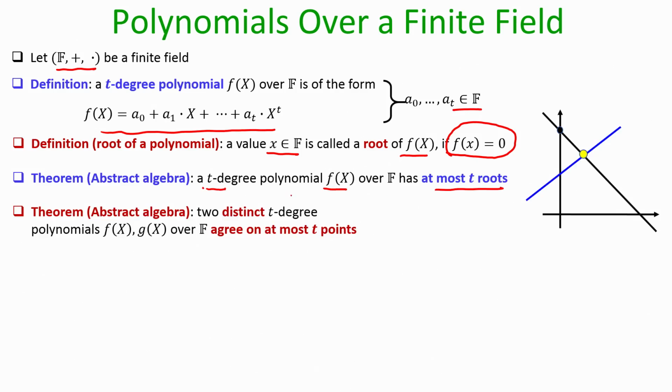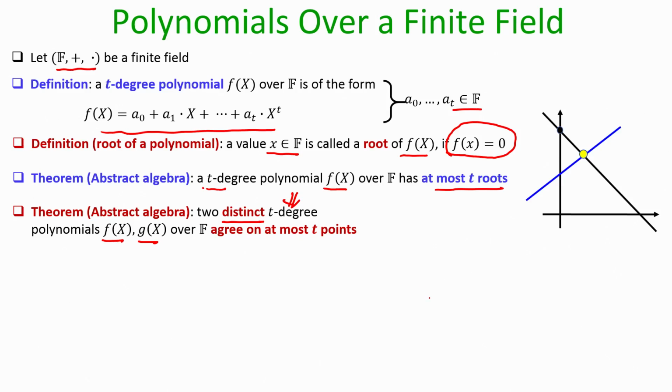And using this theorem, we can actually show that if you take two different polynomials f of x and g of x over the field, then they can agree on at most t points. That means you can have at most t common points lying on both f of x as well as g of x.